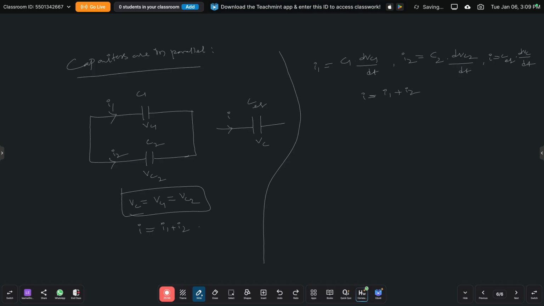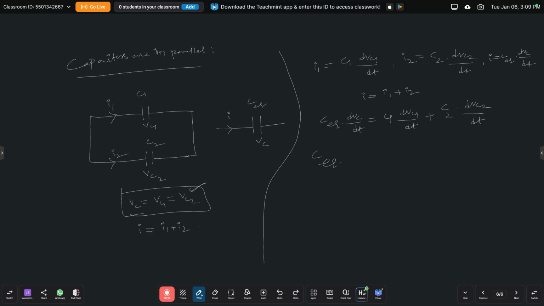First, what is the value of I? I equals C equivalent dVc by dt, which equals I1 plus I2. I1 is C1 dVc1 by dt plus I2, which is C2 dVc2 by dt. Again, in place of Vc1 and Vc2 we just replace Vc.